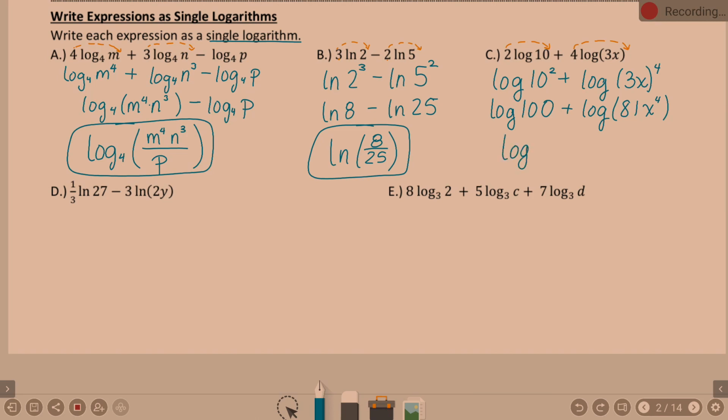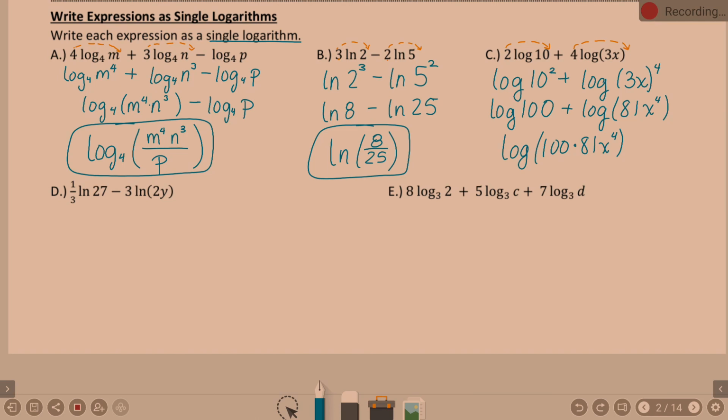What are you writing? Okay. Log of 100 times 81x to the 4th.